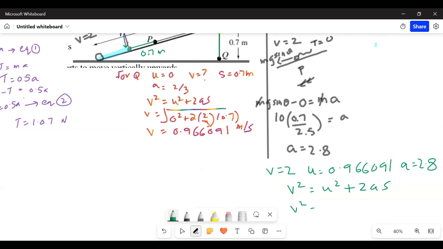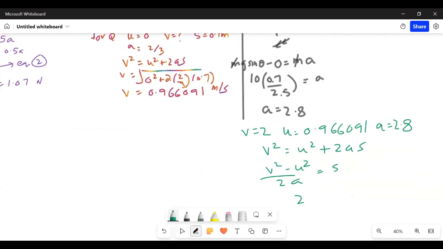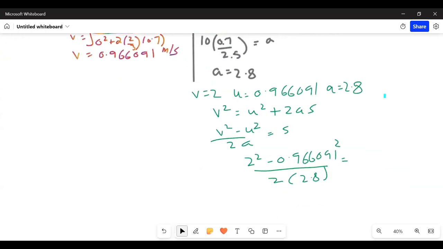So V square minus U square over 2A should give you S. So 2 square minus 0.966091 square over 2 times A, which is 2.8, which gives S equals 0.5476.